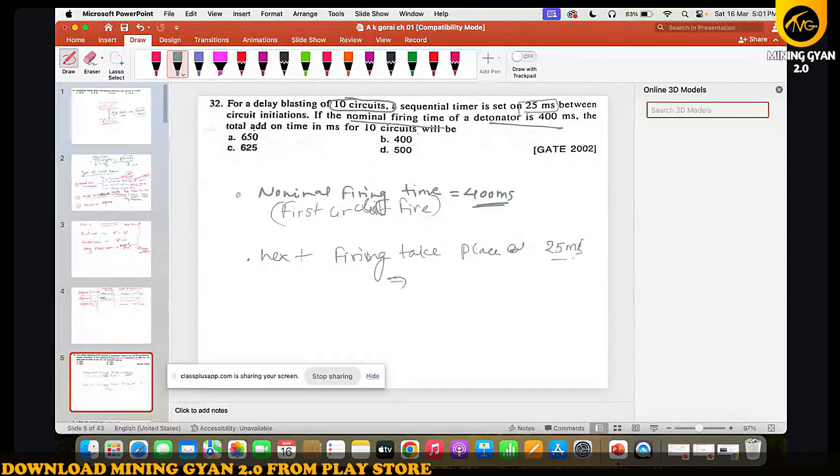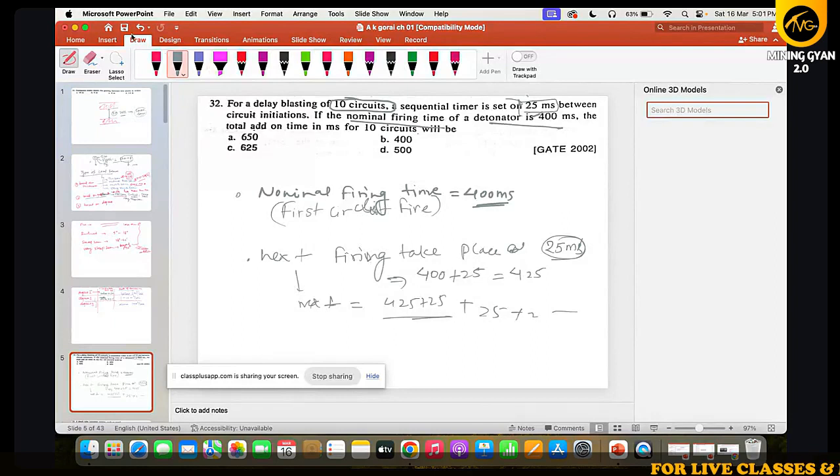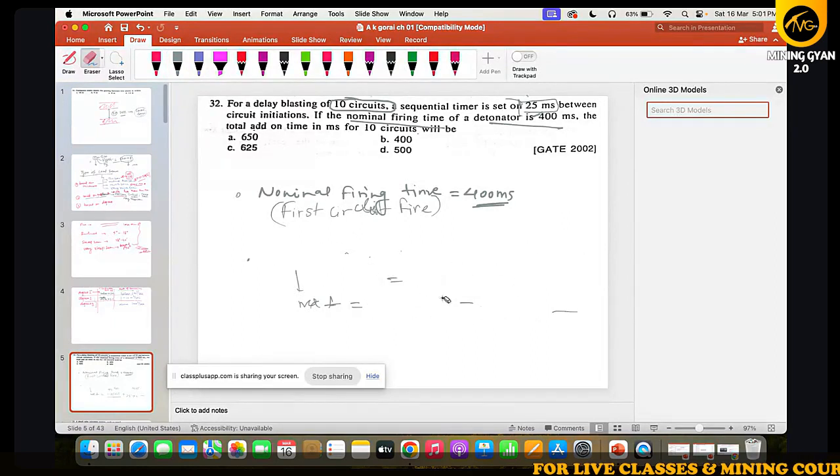Or you should remember this fact also: for the detonator, 25 millisecond is the delay, so for the next it will be 25, and for the next, 25. But for this, we have to solve in the examination, so we will not go like this.